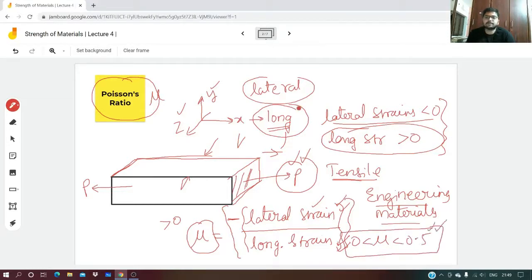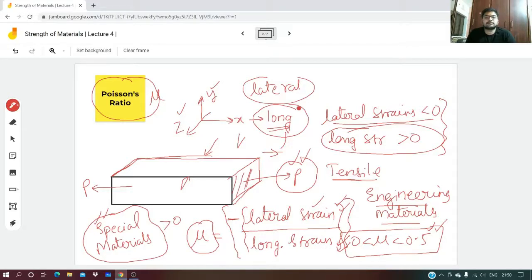for all engineering materials. Okay, but in some exceptional cases which we call special materials, they are out of scope for study of strength of materials. But anyhow, I want to let you know that there are certain other kind of materials, special materials, that are being developed, which will increase in every direction.